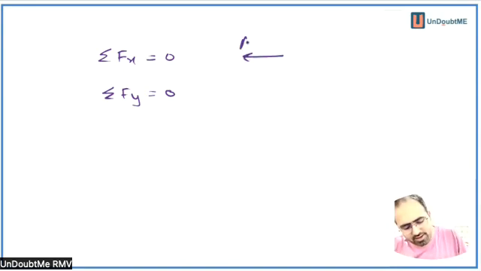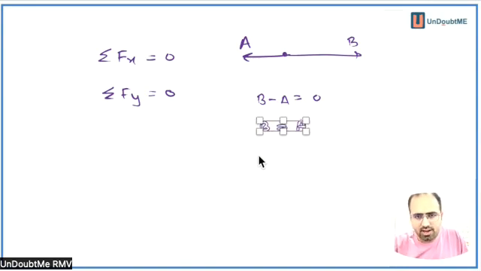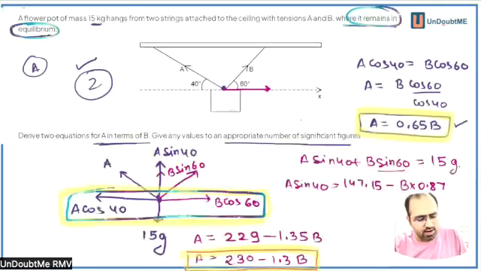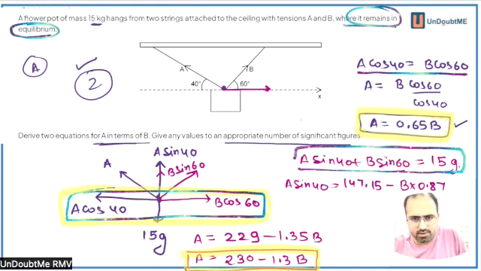So if A is in, let's say, left direction and B is in right direction, I will write B minus A is equal to 0, and that will give me B is equal to A. We never write B minus A is equal to 0; we rather write B is equal to A. So that's what we did over here: A cos 40 is equal to B cos 60. And the same logic we applied for the second equation also.